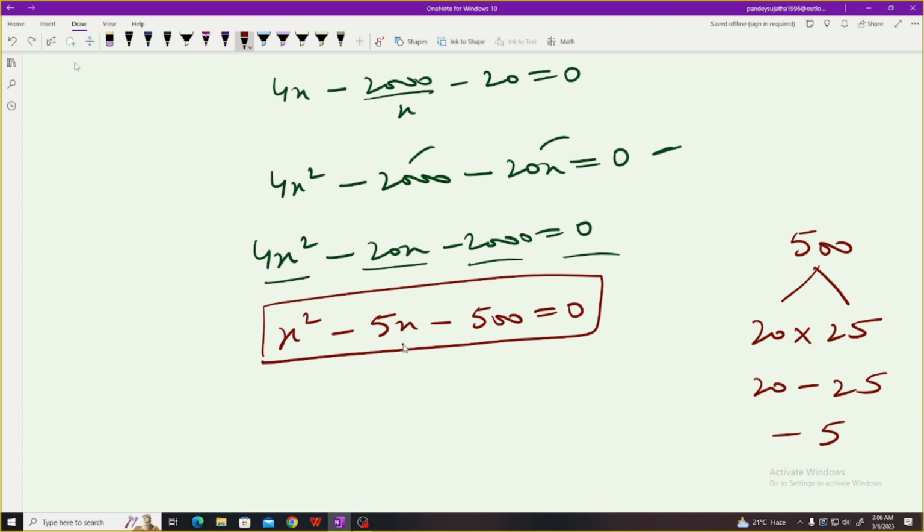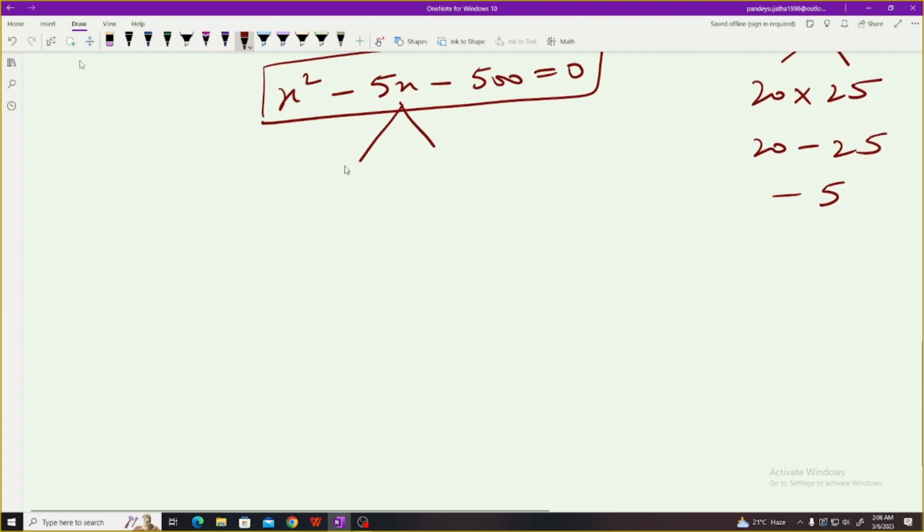So when we split the middle term, we get 20x minus 25x. Write the first term as it is, x square plus 20x minus 25x, and write the last term as it is, minus 500 equal to 0.